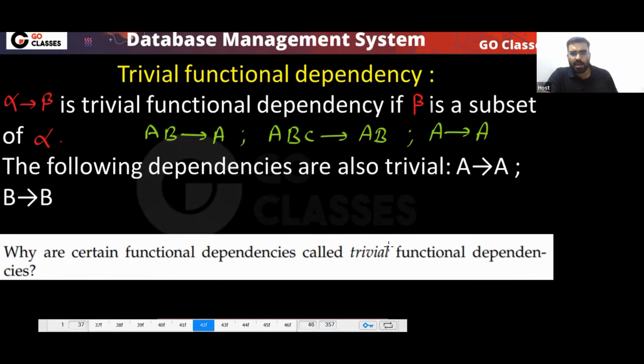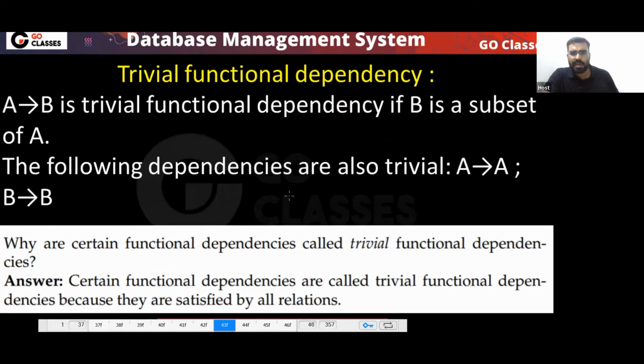Is this clear? Now, why do we call them trivial functional dependencies? Because they will hold for every relation. They are satisfied by all the relations. You can very easily see they will always hold.